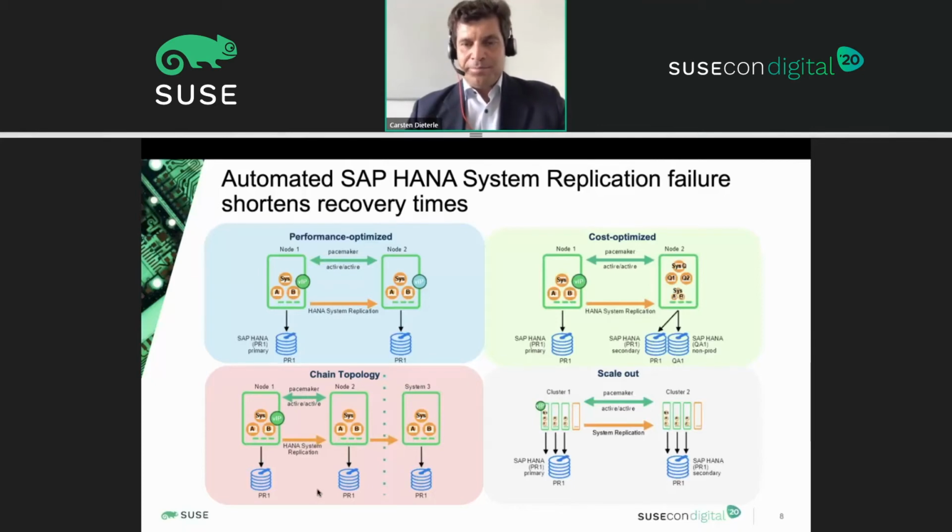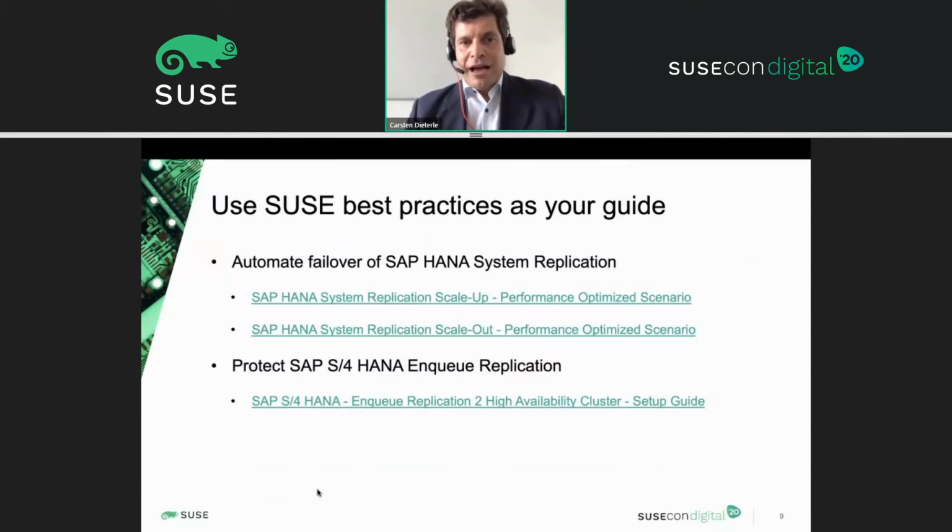So it works with a Pacemaker cluster. You can configure active, passive, whatever you want, and that is as well available for the NetWeaver cluster and as well for the SAP HANA HEC Replication Server, which is as well a single point of failure in such an installation, not only the HANA database but as well the application part.